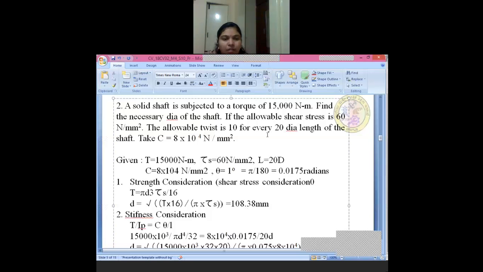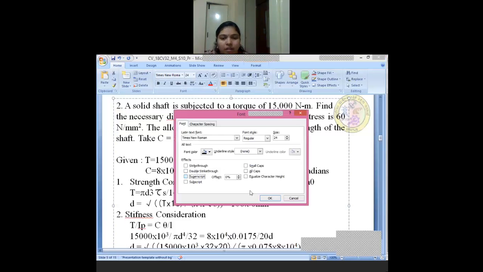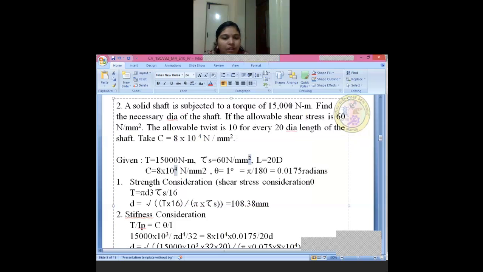Now, let us find the necessary diameter of the shaft. In the problem, the torque T is given as 15,000 Newton meter, and the shear stress is 60 Newton per mm square.